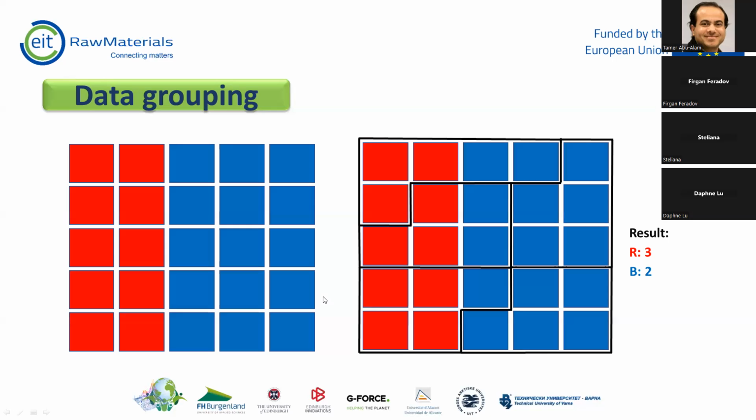And after these 20 iterations, a correct ratio of both groups will be achieved, and it will be reflected in our classifier. This is called cross-validation.